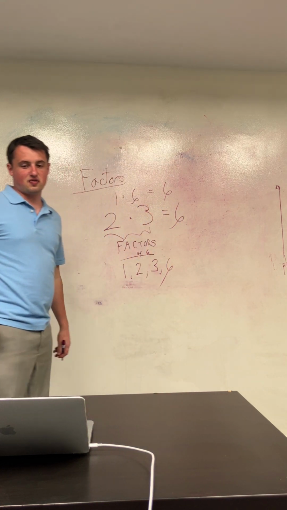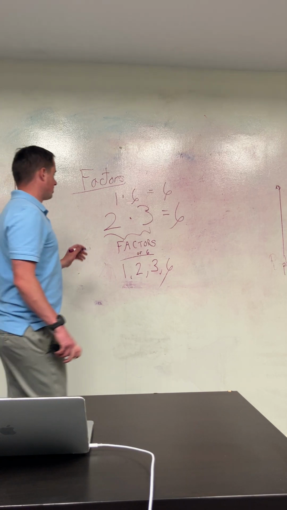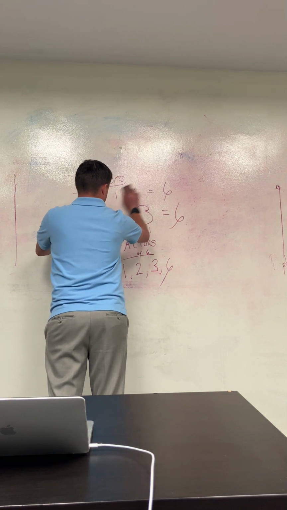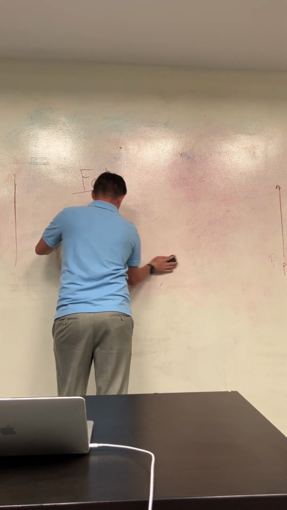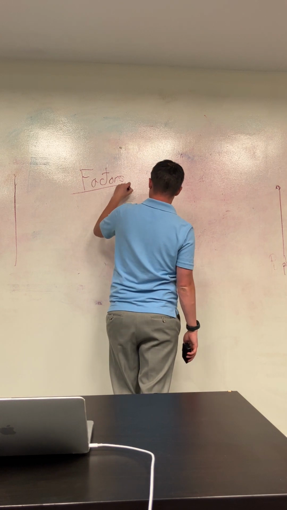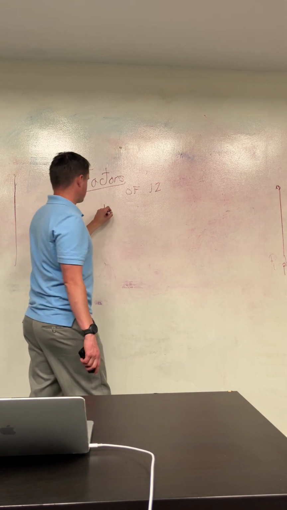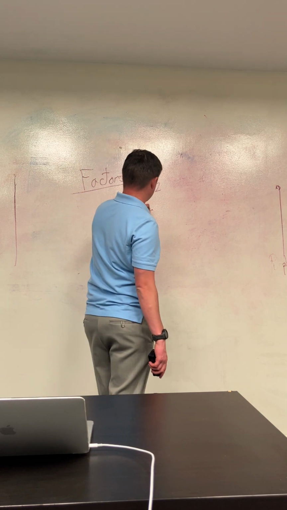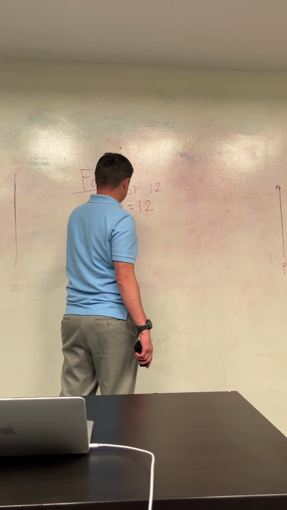Sometimes they'll say find all the factors of something. Let's do it with 12. What multiplies to 12? We have 1 times 12 equals 12. We have 2 times 6 equals 12.